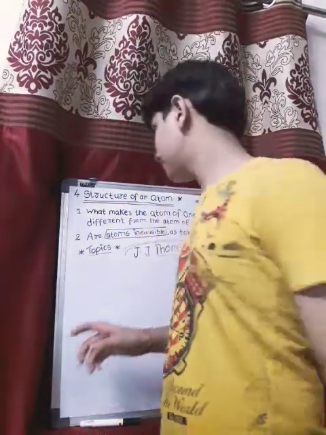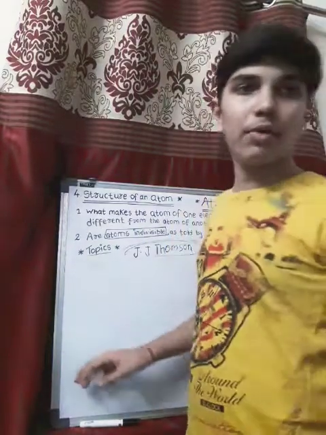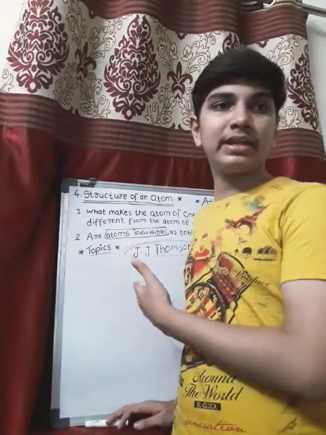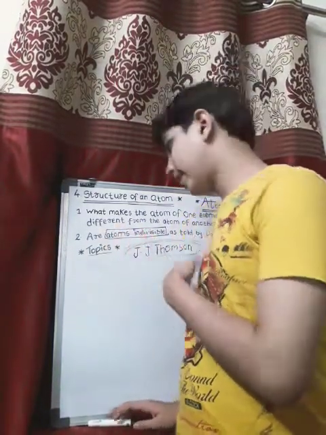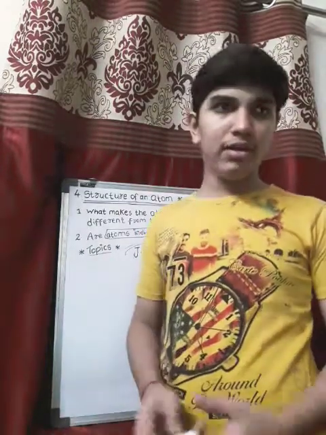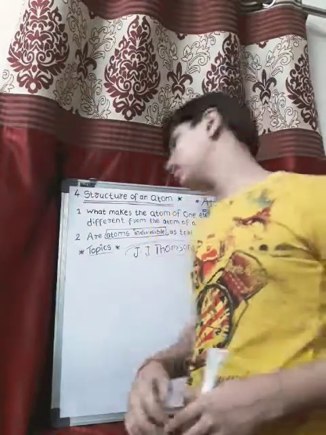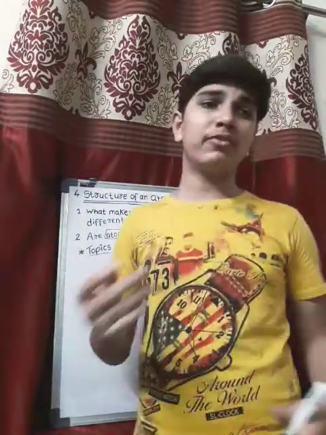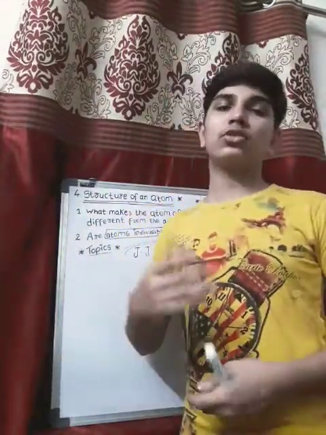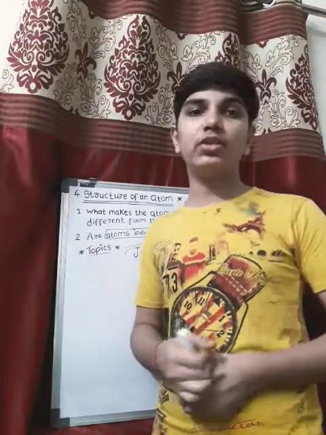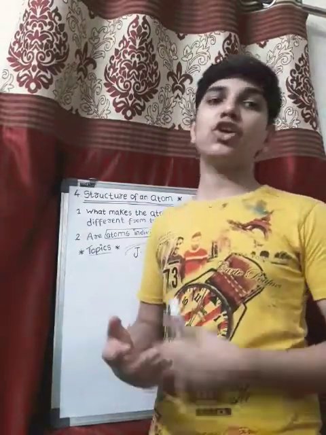So the topics we have learned are charged particles in matter and structure of an atom. Tomorrow we will be continuing with Rutherford's model of an atom. Then after that, how electrons are distributed in different orbits, valency, atomic number, atomic mass, and isotopes.